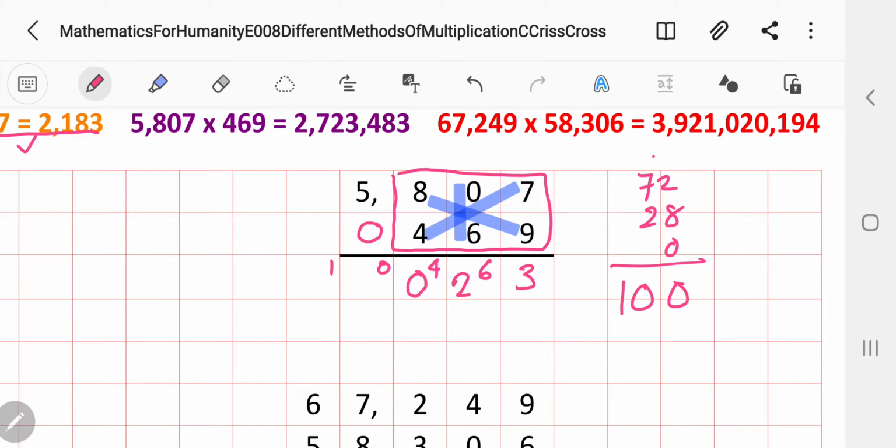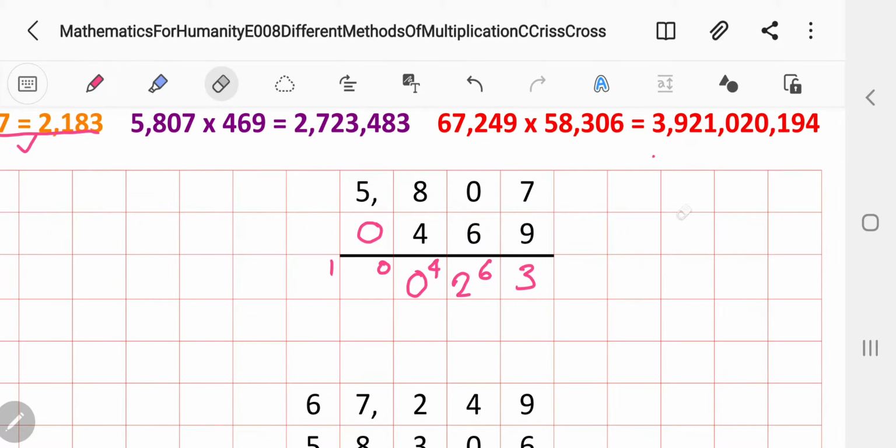Okay. Now, we need to increase again to cover all the columns. We increase again the enclosure. So we will have this. So here we take the diagonals 5 and 9, so this is 45.